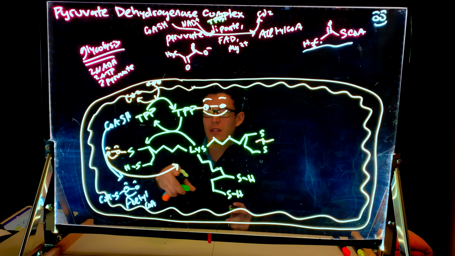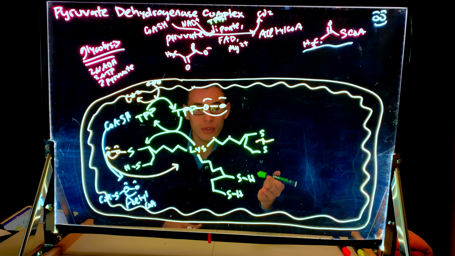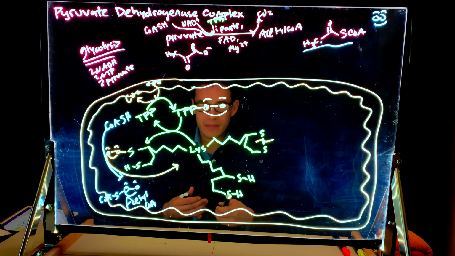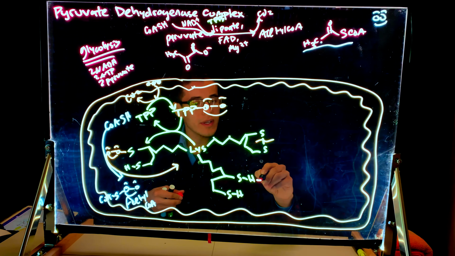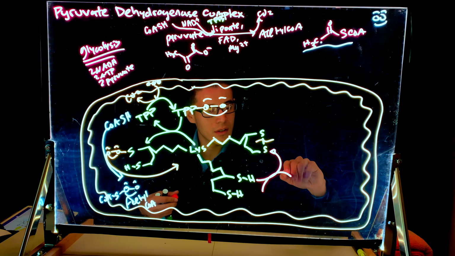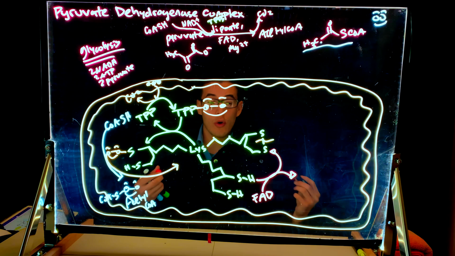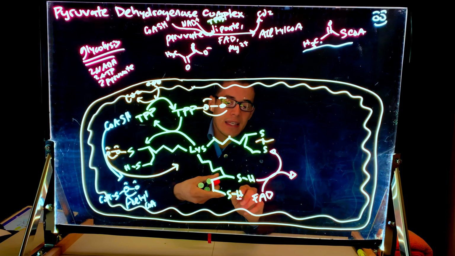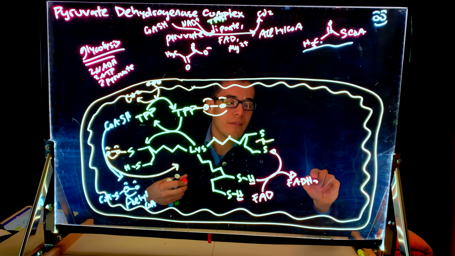So now our lysine looks like this, right? We have two sulfurs that are reduced. They have two hydrogens on them. And we need to get into this state here. So how are we going to get back to here? Well, if we introduce something called FAD. FAD is another one of our cofactors. FAD can take each of these hydrogens to become reduced to become FADH2.